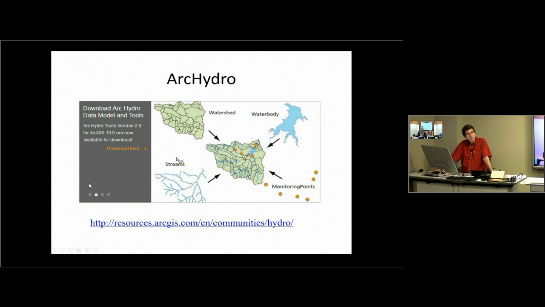Each of these features can have its own HydroID so that we can say this stream is associated with that watershed, which is associated with that monitoring point, which is the outlet of this water body. So you can establish cross connections between the layers that get lost when you layerize everything in ArcGIS.